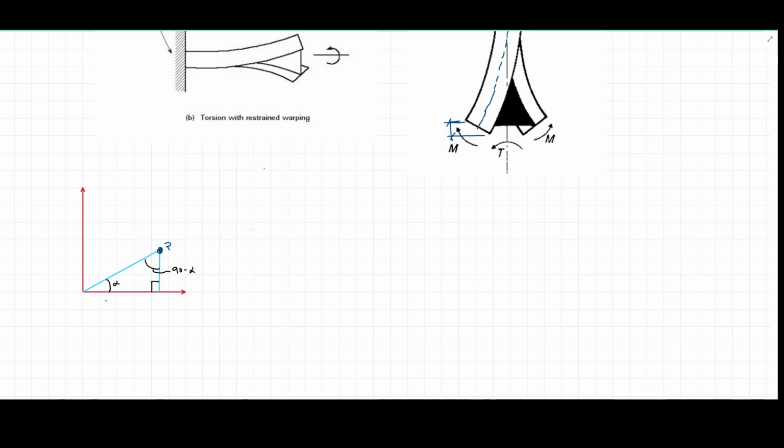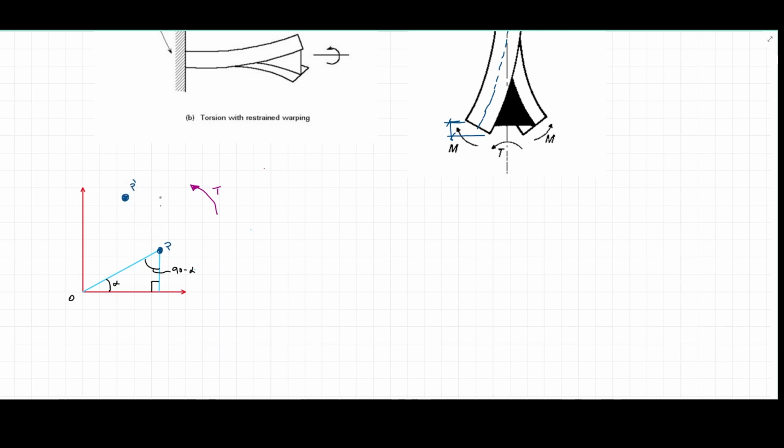This is point O, this is point P. Now, if I apply torque and that point moves, it means that the point is going to be somewhere here. Again, this is a representation, P prime. Actually, let me make it bigger so the difference looks better.